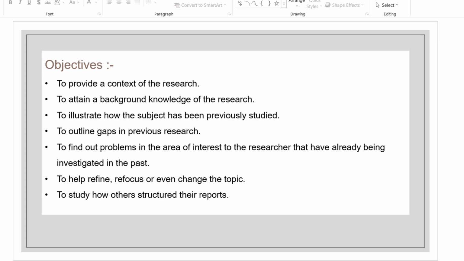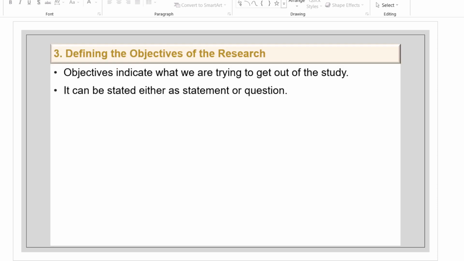Then next one is to study how others structured their reports. So while we review the literatures, we can understand how others had already studied this subject, and what is their limitation, or what else we have to cover in that study.